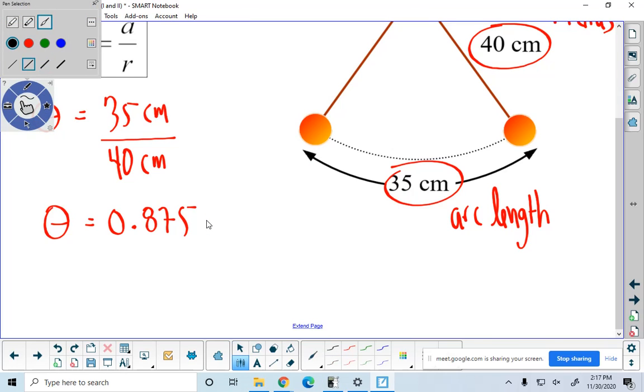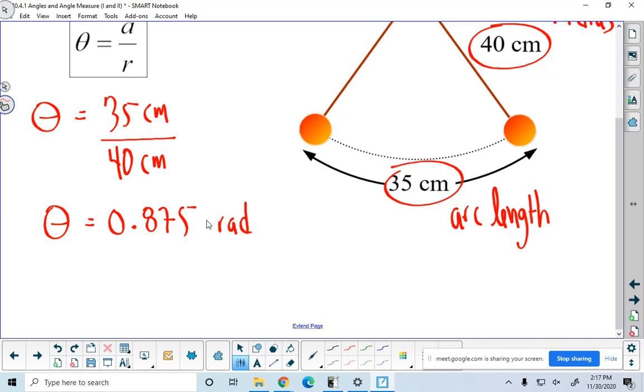But we also want the answer in degrees. So we have to convert this to degrees. And it's okay here to have an answer in decimal form. This is the kind of question that you would want probably as a numerical response. So all I'm going to do is set up a ratio.